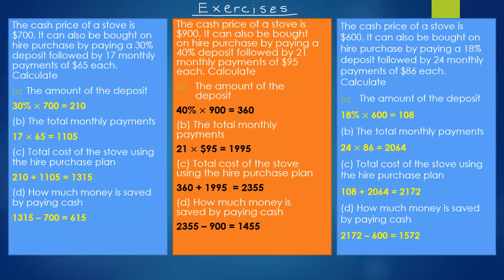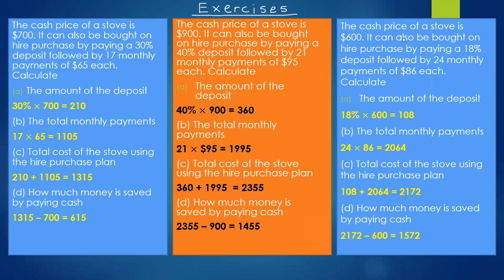Yes, that's correct. And then D, it says calculate how much money is saved by paying cash. So you want to do 2,355 take away 900, which leaves you with 1,155. Very good. Thank you, Caleb.